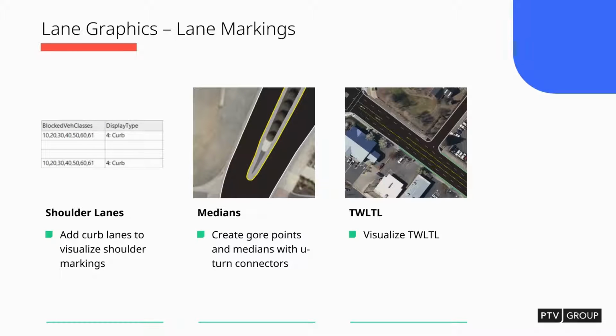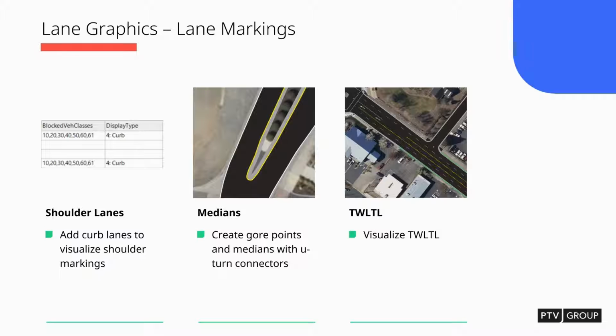You can also use the lane markings to create things like medians or gore points, right? So if connectors are coming together, in this middle image, for example, I've used a U-turn link. So we have a southbound roadway and a northbound roadway, and I've used a link that turns that corner, and it's a 2-lane connector with a curbside lane, so we can create that visualization.